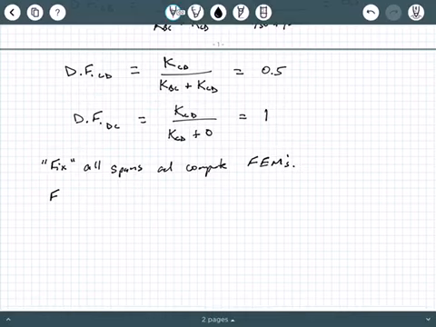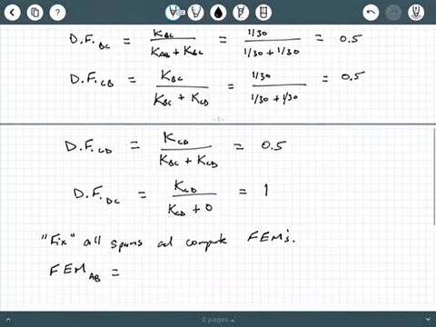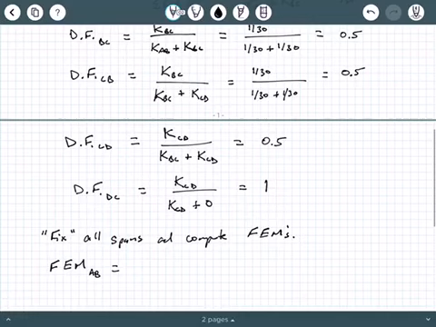You want to make sure you're using PL over 8 for the first 2 spans. So fixed end moment AB, using PL over 8, that was 30 kips times 30 feet divided by 8. I get 112.5, but that should be a negative. Remember, fixed end moments are reactive.